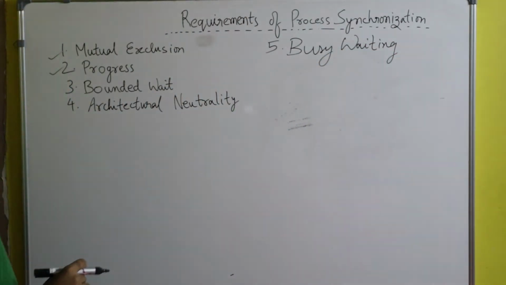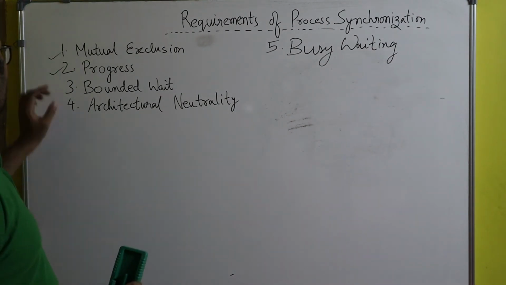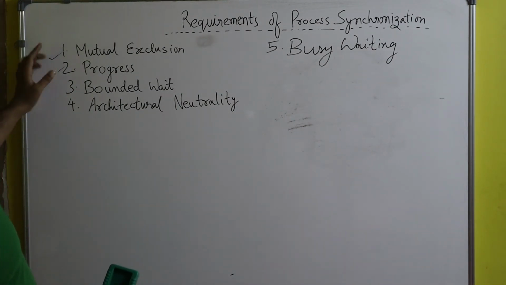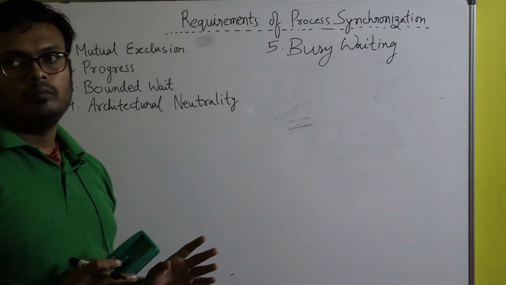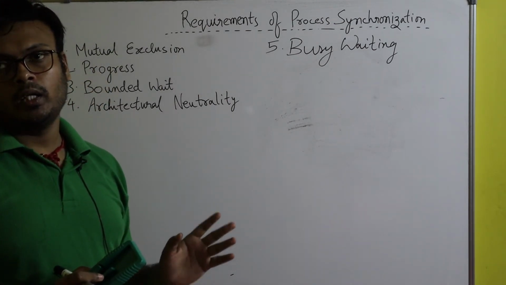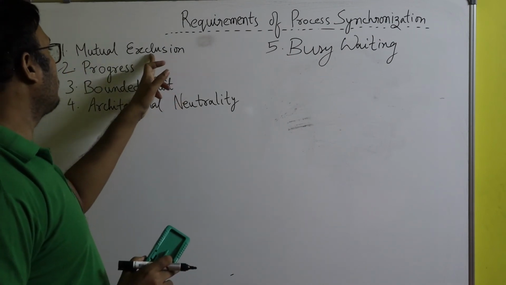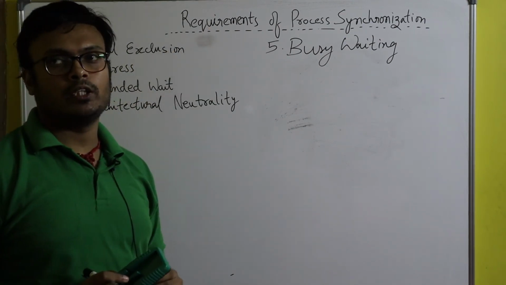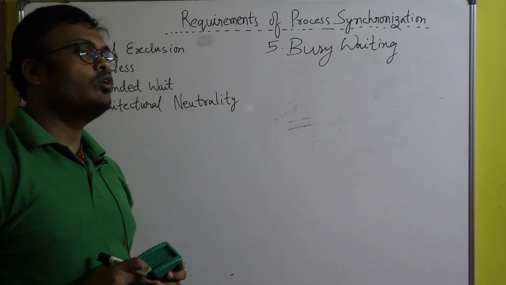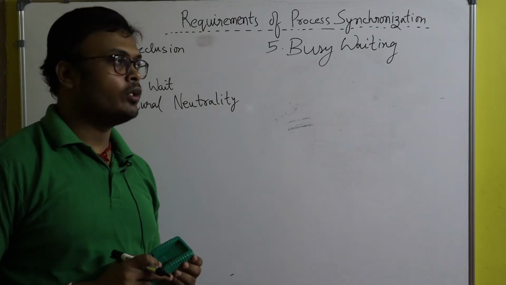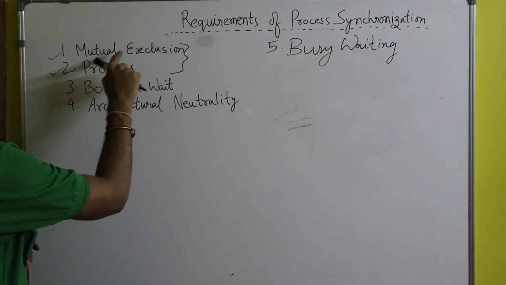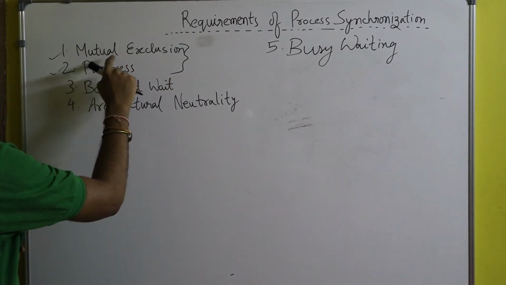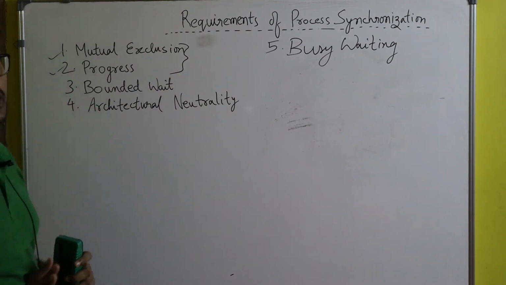One thing I want to tell you is that these first 2 points, mutual exclusion and progress, are of primary importance. These are the primary requirements of process synchronization. It means that in order to successfully implement process synchronization, at least these two requirements, mutual exclusion and progress, have to be satisfied.